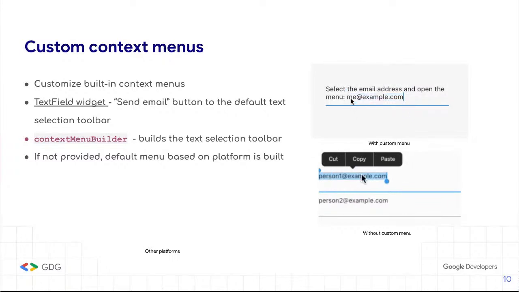When I select this email, it's going to show me an option if I want to send the email. So it becomes a lot simpler, right? You just select the entire email text, and then an option of Send Email pops up. And when I click on Send Email, you can call an action to send the email. So this is again an extremely useful widget.